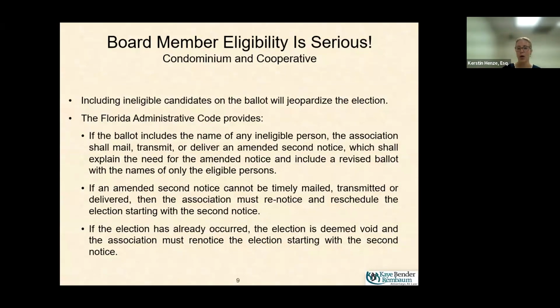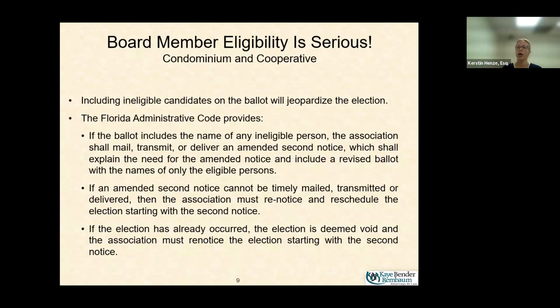Now, that amended notice still has to be sent out at least 14 days prior to the election. So if you can't mail out that second amended notice 14 days prior, then the admin code says you have to basically reschedule your election and then renotice it. But you would only need to do it from that second notice forward.